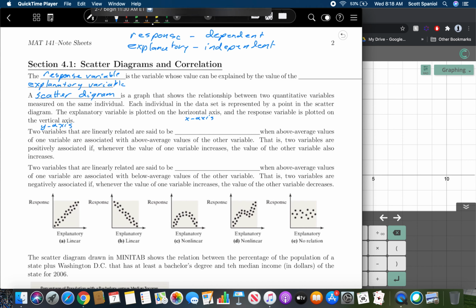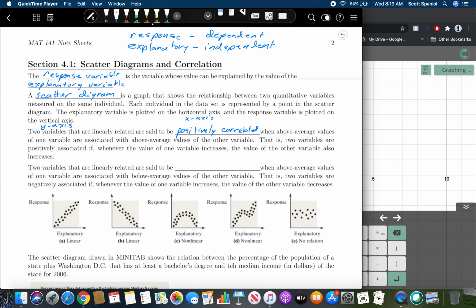Two variables that are linearly related to one another are said to be positively associated, or let's go ahead and use the word correlated, positively correlated, when above average values of one variable are associated with above average values of the other variable.